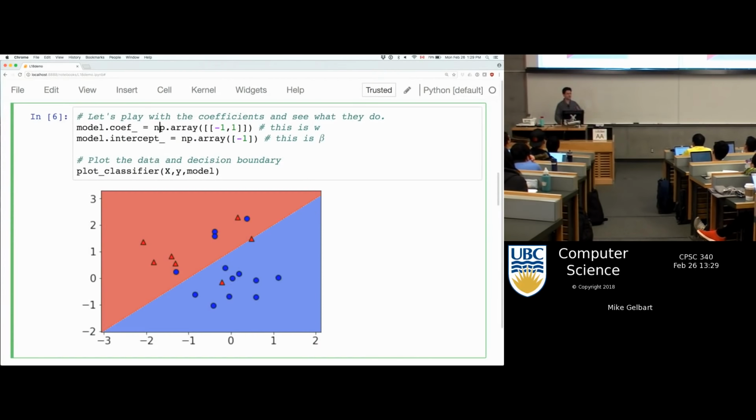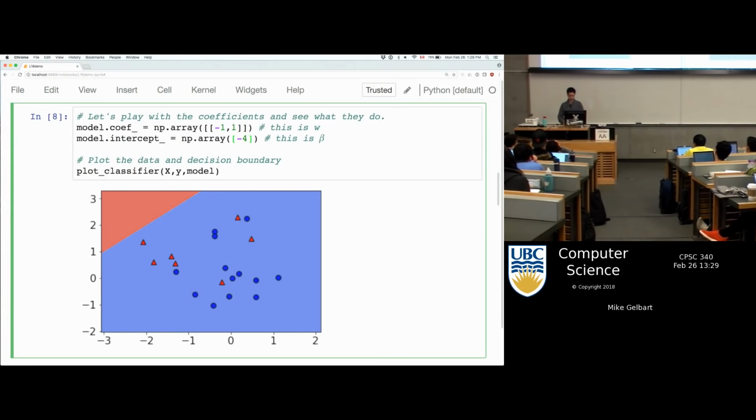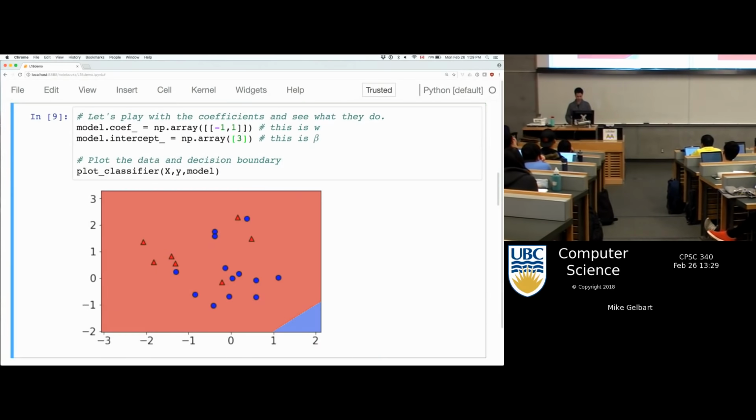So I changed the intercept. I have shifted my decision boundary. I can make it -3. I can make it -4. So you see where this is going. I can make it +3. And if I make it 0, then the boundary is actually passing through the origin, which makes sense.